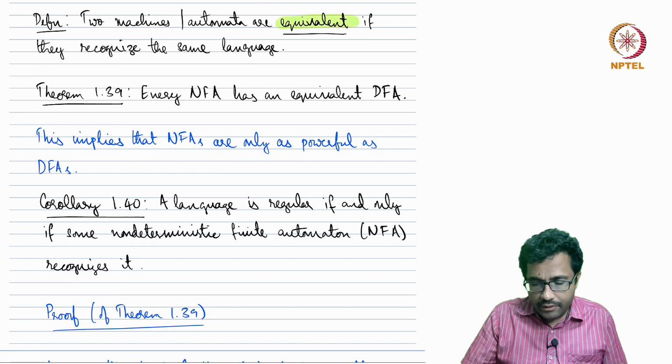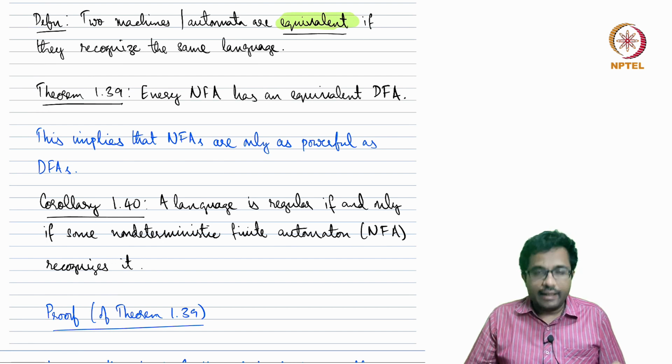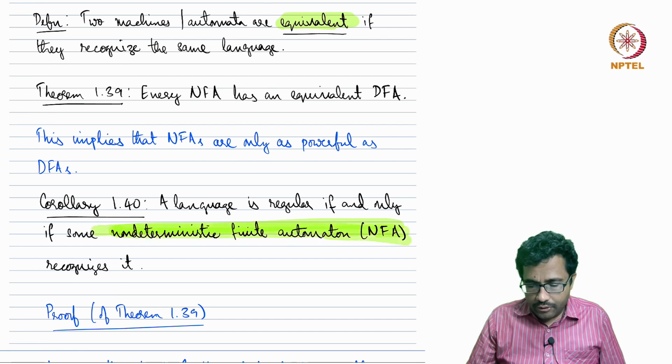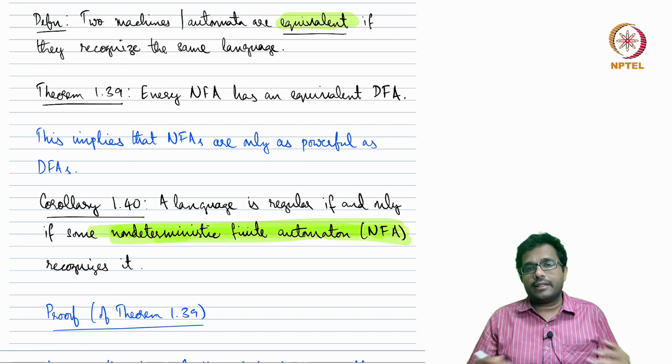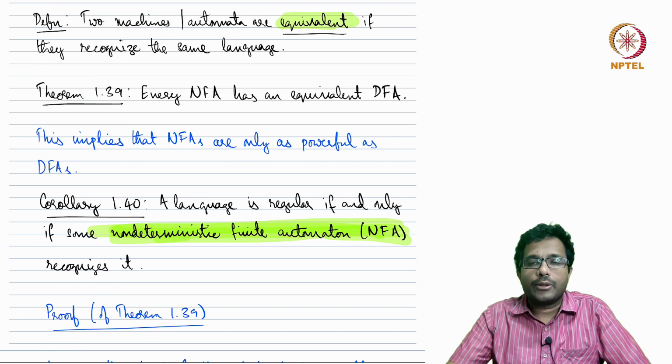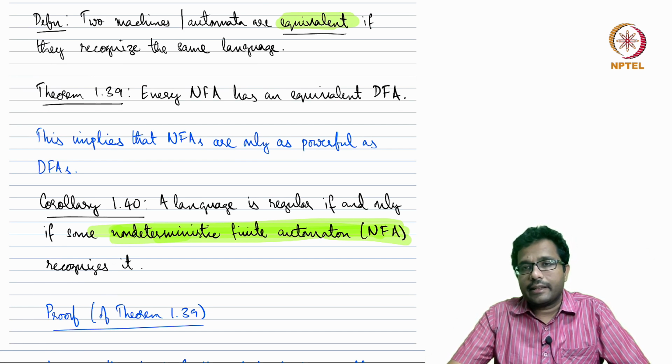So a language is regular if and only if there is some NFA that recognizes it. This is a new, alternate characterization for regular languages. So far we have been saying that a language is regular if there is a DFA for it. Now we are saying that a language is regular if and only if there is some NFA that recognizes it.